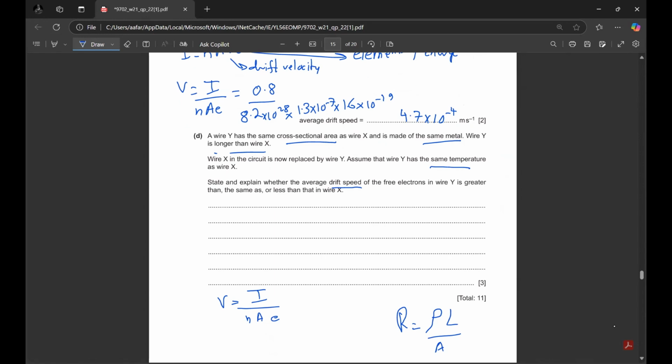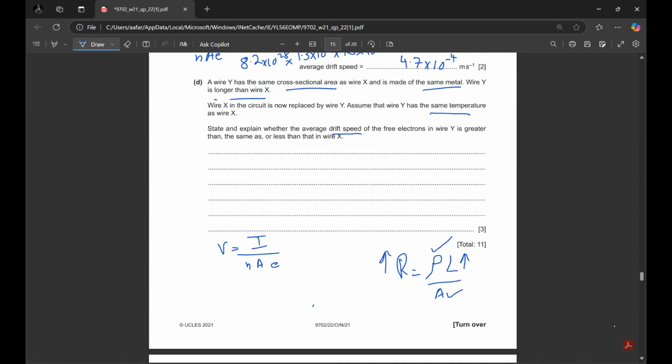If they're made of the same metal, this is constant. Same area, this is constant, but since Y is longer, length is more. So the resistance of the wire will also be more. And since V is equal to IR and V is constant, if the resistance increases, then the current decreases since I is inversely proportional to resistance.